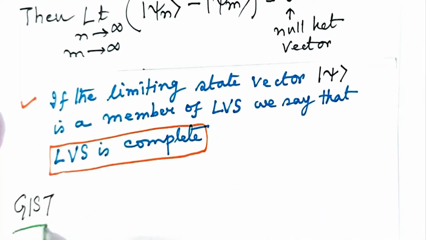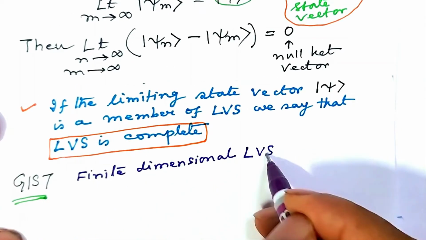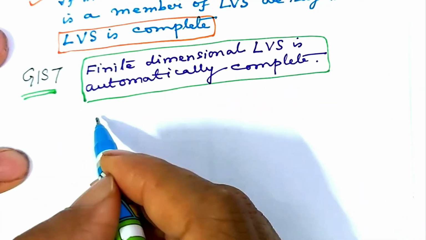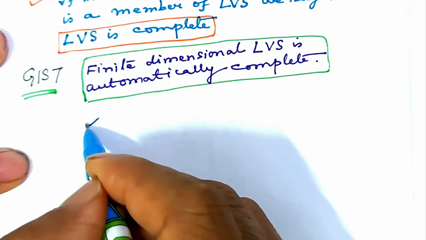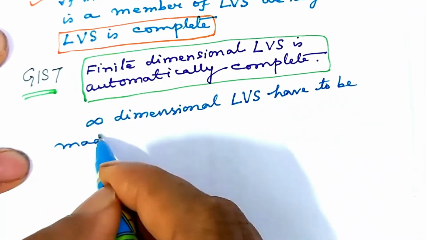Let us make a gist. A finite dimensional linear vector space is automatically complete. Everything is well contained and hence complete. Nothing is beyond our reach, and this is an automatic feature in a finite dimensional linear vector space. An infinite dimensional linear vector space has to be made complete.